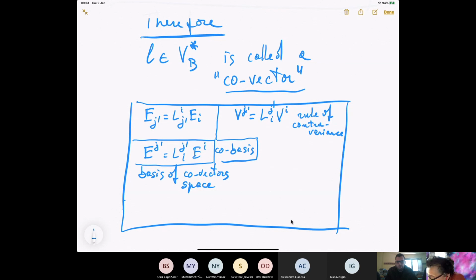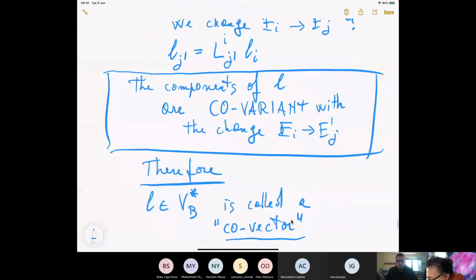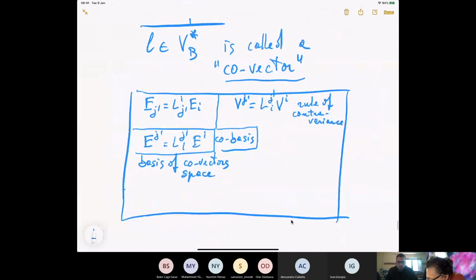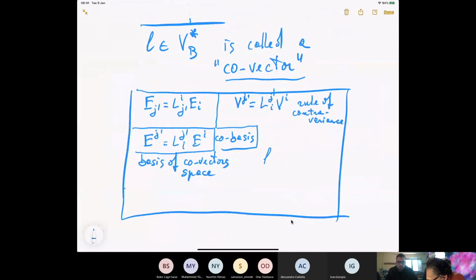Okay? Then the last formula which we have proven: L_j' is equal to L_j'i L_i. And this is the rule of covariance.